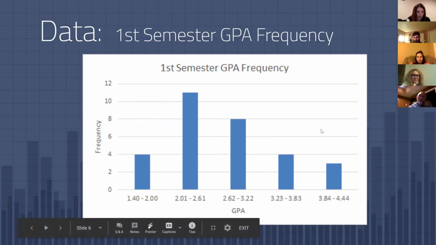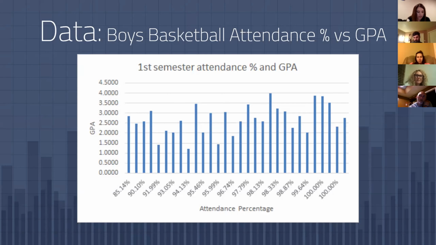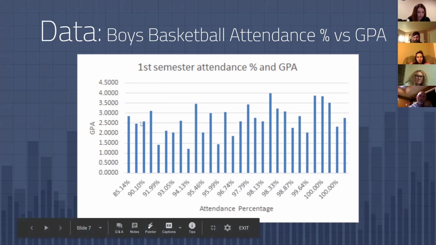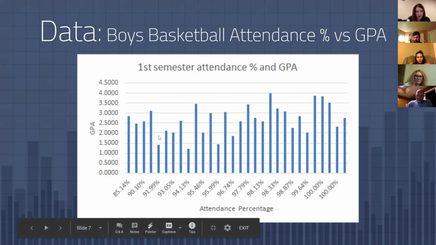Obviously, there are a lot of factors that go into that, but combining those and going back to that first original chart, you can see that it's all over the place in terms of attendance percentage and GPAs. I mean, there's a student here that has 99% attendance, and their GPA is 1.9, just under 2. So that's something that surprised me a little bit in looking at this data.